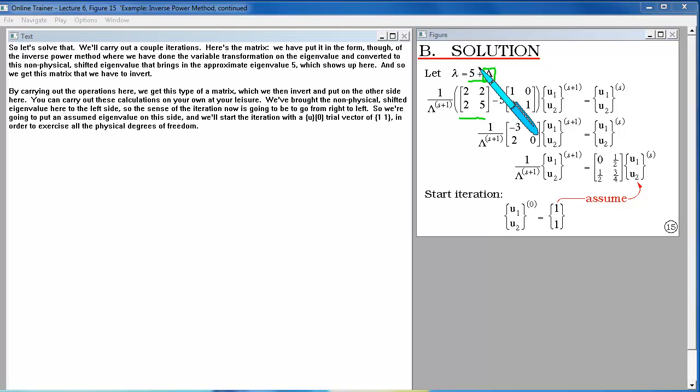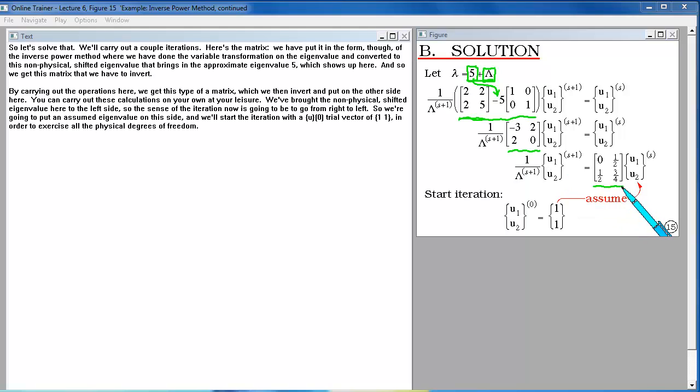That brings in the approximate eigenvalue 5 that shows up here, and so we get this matrix that we have to invert. By carrying out the operations here, we get this type of a matrix, which we then invert and put on the other side here.